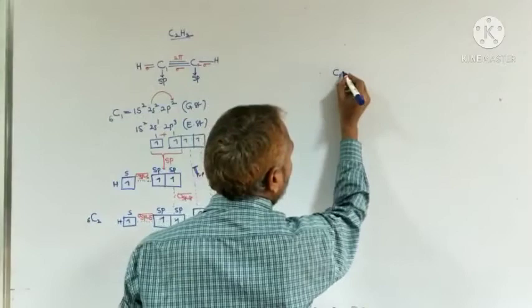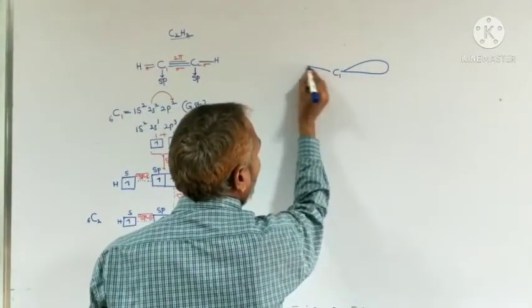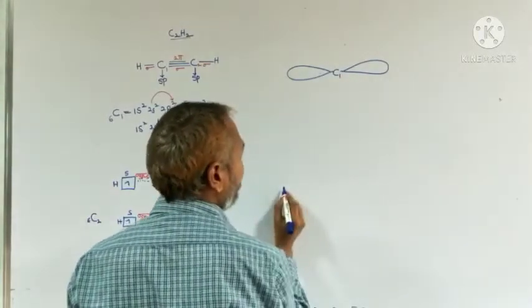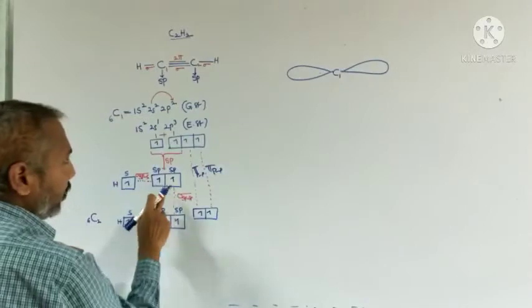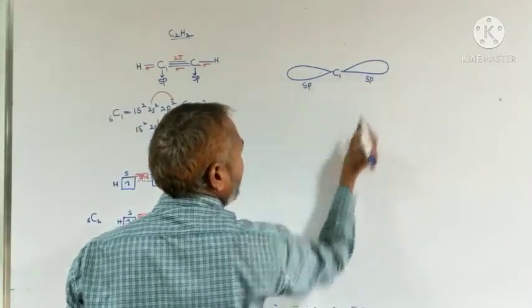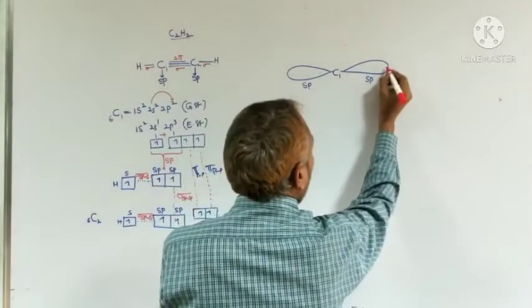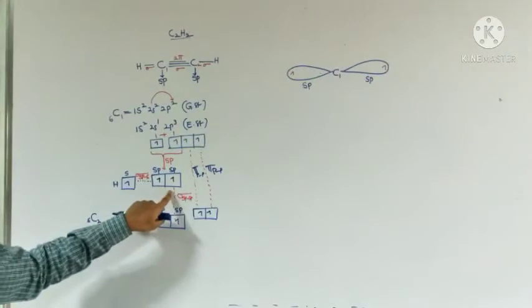Two hybrid orbitals. It is an sp hybrid orbital containing one electron, like this, and the other sp hybrid orbital also contains one electron.